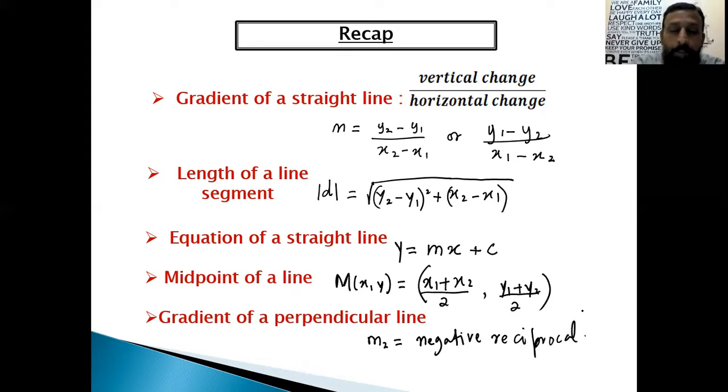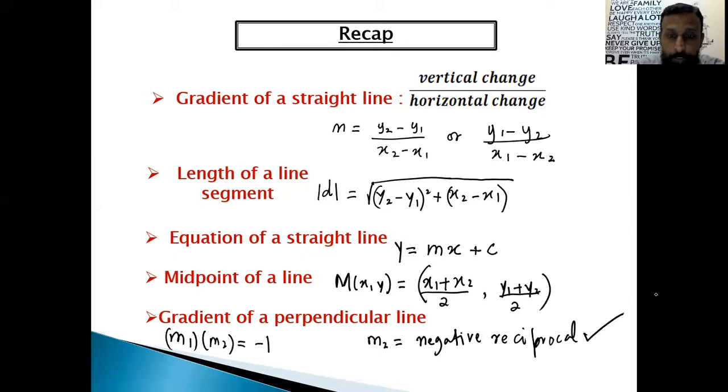You can do it mentally using the concept of negative reciprocal, or you can plug in the value of the first gradient m1 in the formula, and by cross multiplying m1 to the other side, you get the value of m2, the gradient of the perpendicular line.